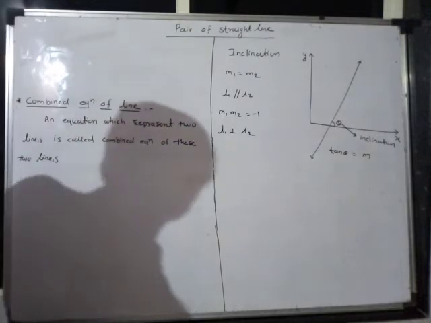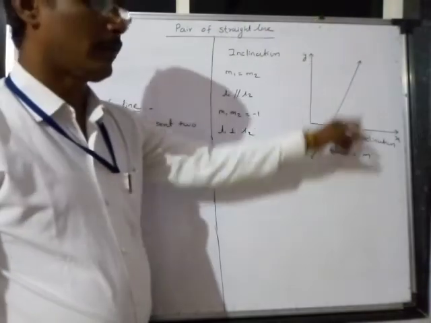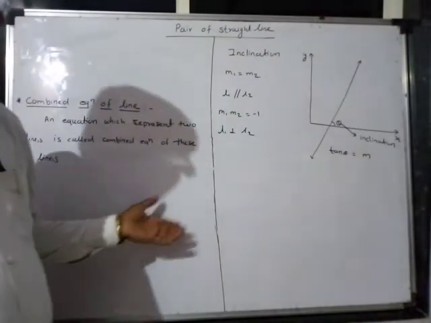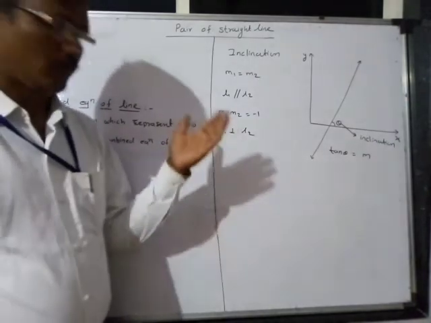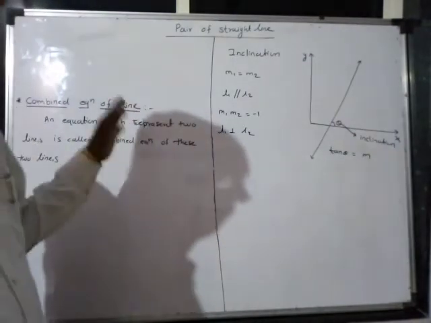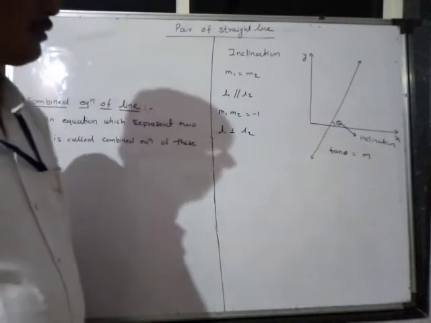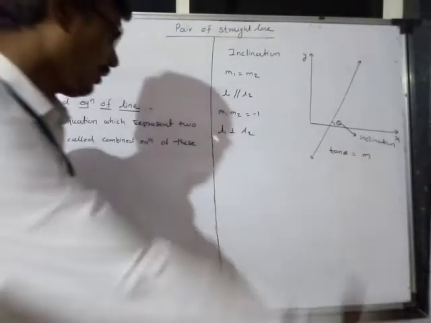In the second point, we have seen the different equations of the lines, that is slope point form, slope intercept form, two-point form, normal form, double intercept form, etc. Again, in the third point, we found the general equation of the line.